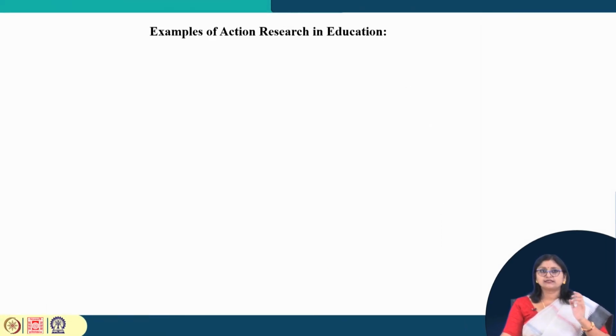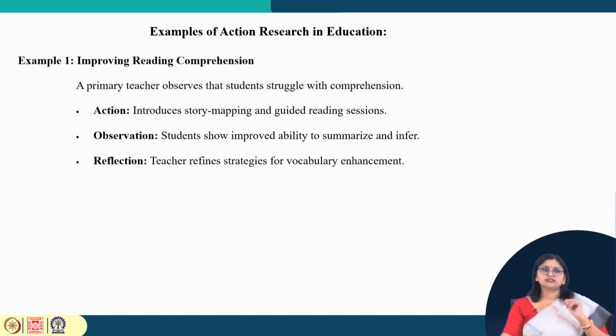And now the examples of action research in education. You will find many examples, but I have kept a few here so that you can understand what kind of research can be conducted in action research. Okay. So, the first example is improving reading comprehension.